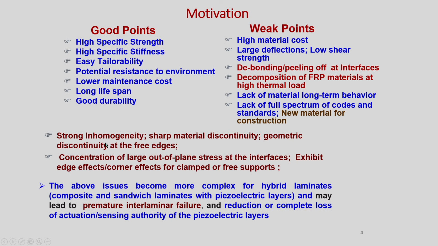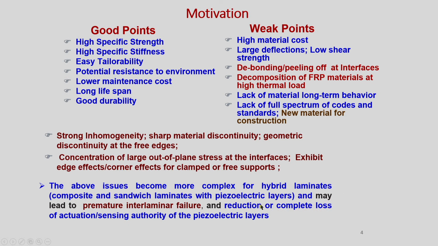At the interfaces strong inhomogeneities occur, like sharp material discontinuities and sometimes geometric discontinuities. This causes large out of plane stresses at the interfaces and also exhibits edge effects, sometimes also known as corner effects for different support conditions. These issues become more complex for hybrid structures.